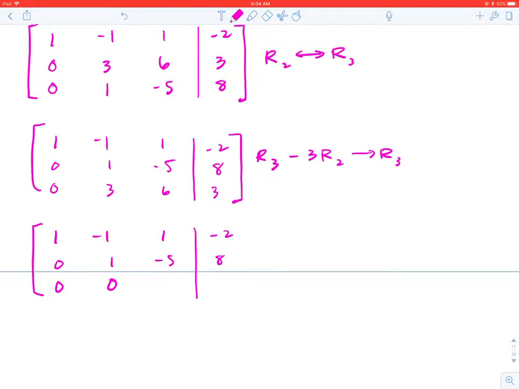Okay, so we get 21, just making sure I'm looking at the right elements. Okay, and then we'll do 3 minus 3 times 8, so negative 21. And then to finish getting this into row echelon form, I want this 21 to become a 1. So I can multiply row 3 by 1 over 21.